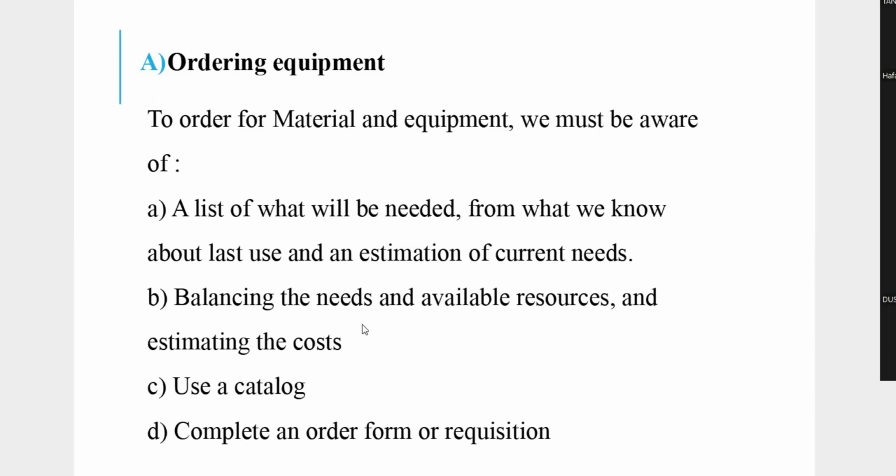When you request materials, you are not always able to purchase or afford them, but you can set criteria and prioritize the equipment depending on the priority set. Use a catalog, and also complete a requisition form.